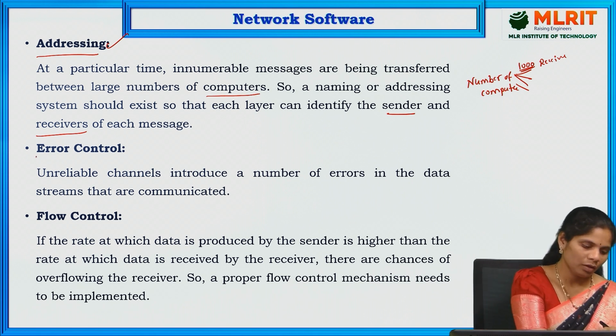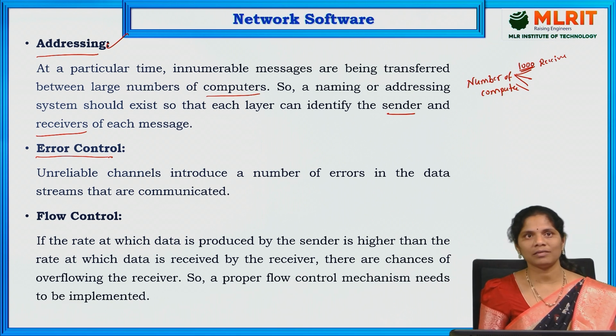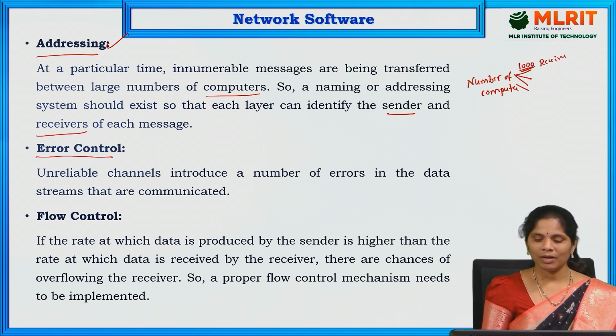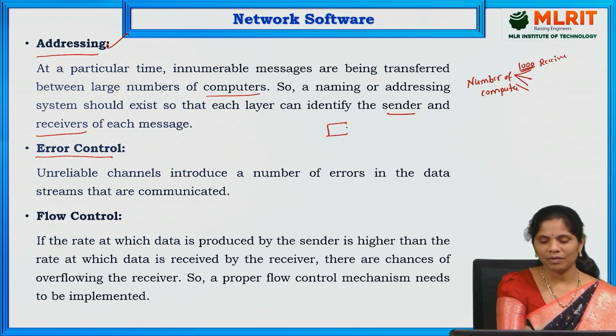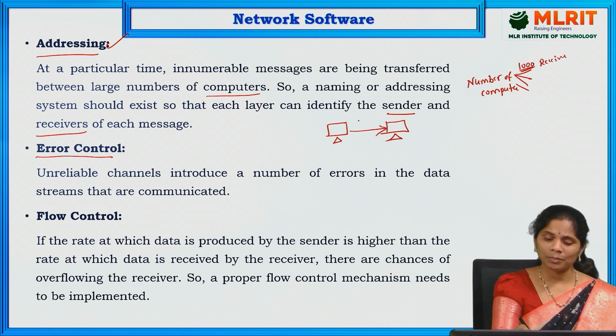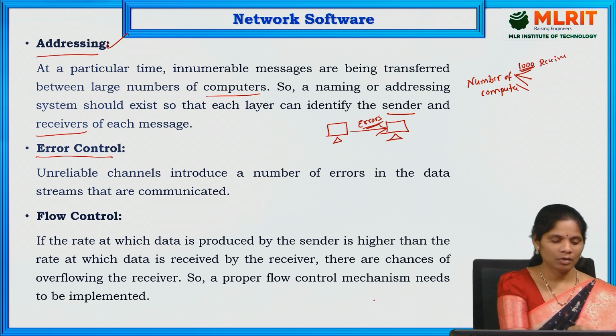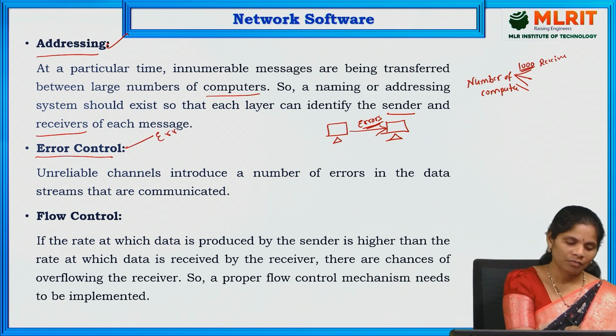And coming to error control. This is also one of the design issues. Whenever we send data from one device to another device, there may be a chance that errors come. How are these errors detected? For that, we use error detection.